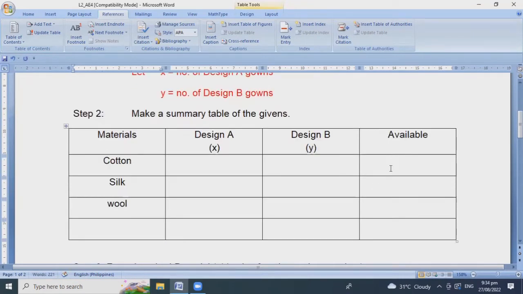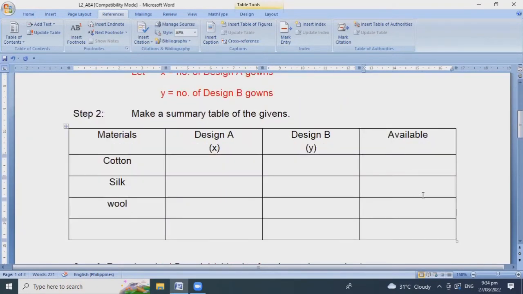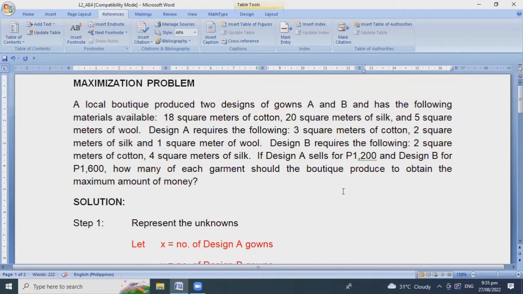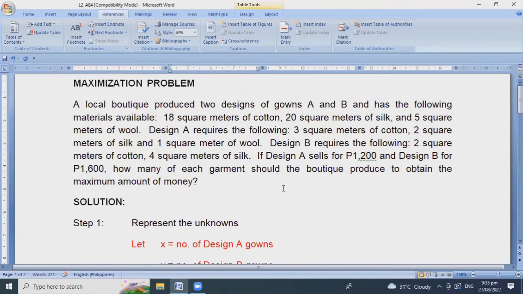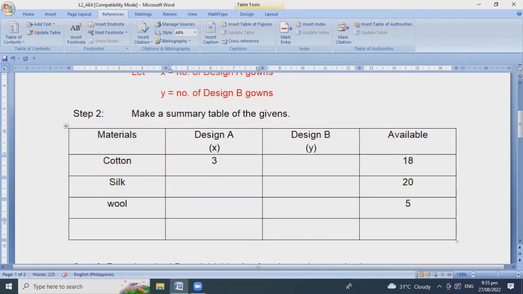The maximum available for cotton is 18 square meters. For silk, in the problem, it said 20, and for wool, 5. For design A, to produce this gown, we need 3 square meters of cotton, 2 square meters of silk, and 1 square meter of wool.